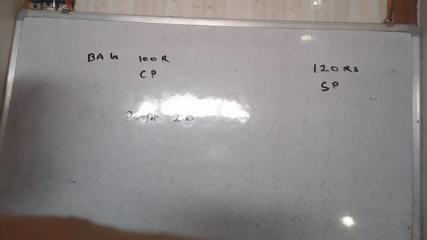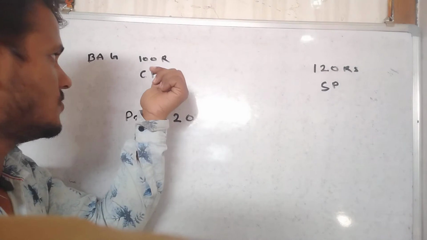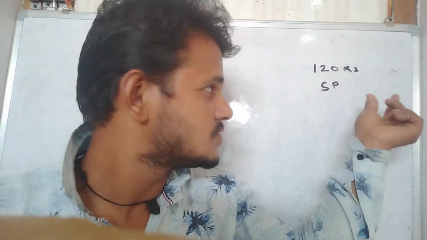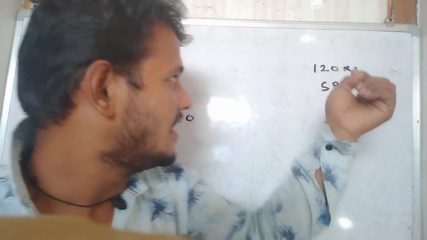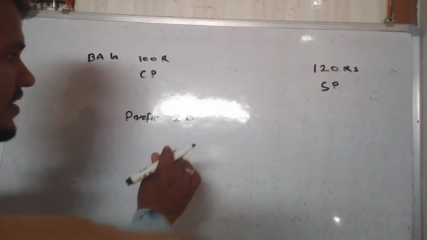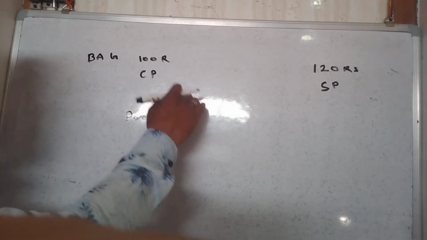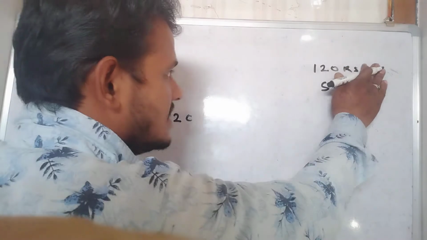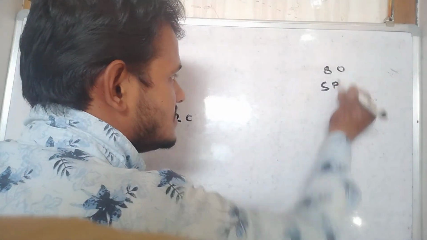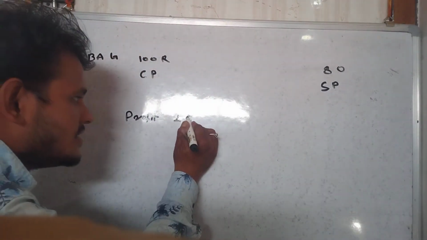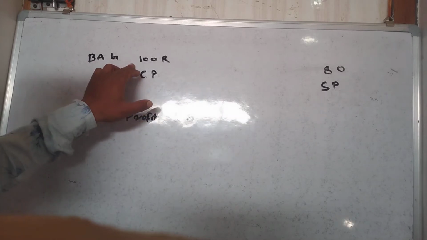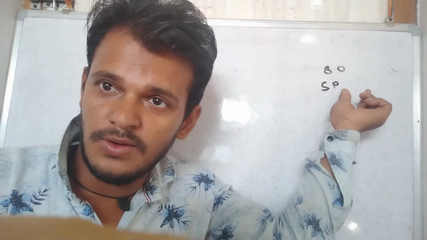See here, you bought a bag for ₹100 and you sold it for ₹120. So this is your selling price and ₹20 comes extra. So this is your profit. If you bought for ₹100 and your selling price is ₹80, then your ₹20 is loss, because you spent ₹100 and you now have only ₹80.